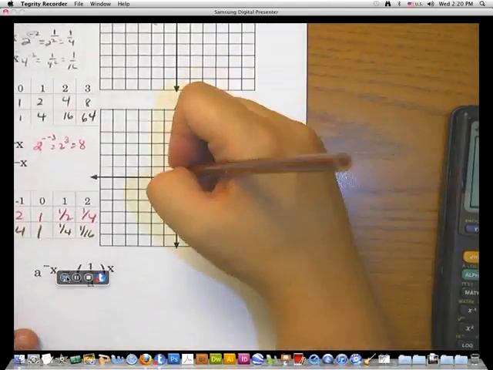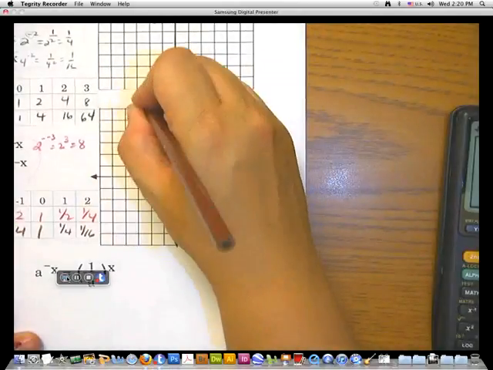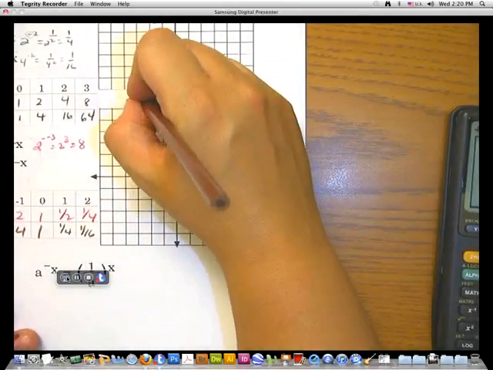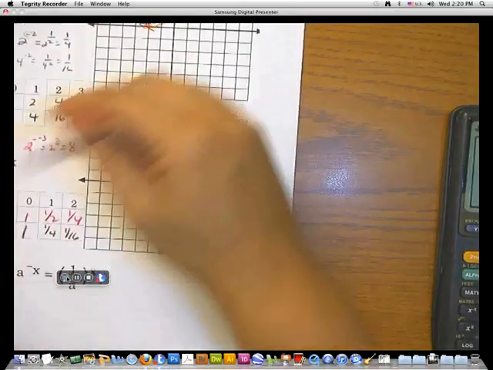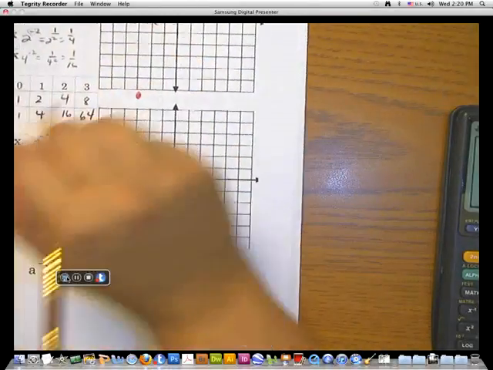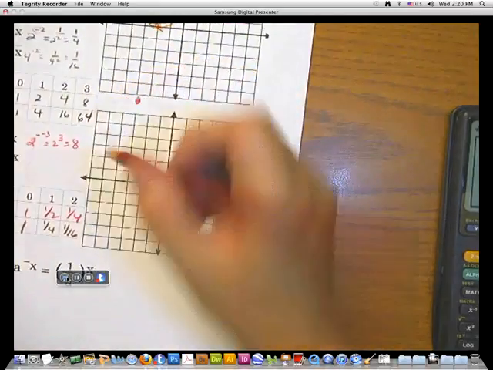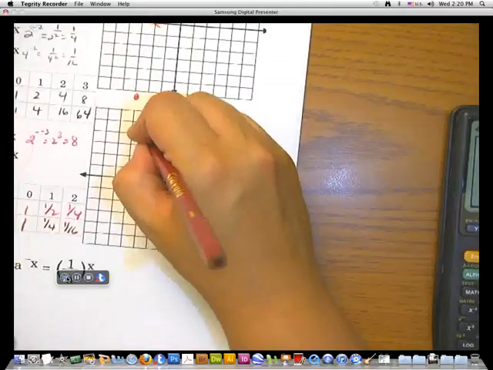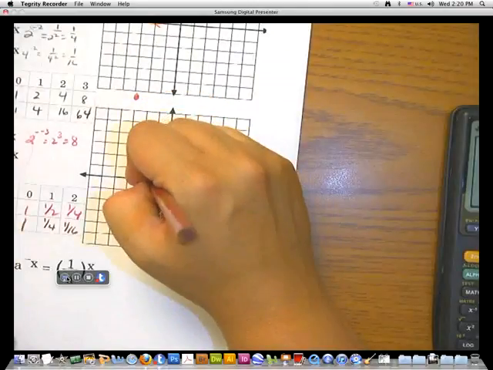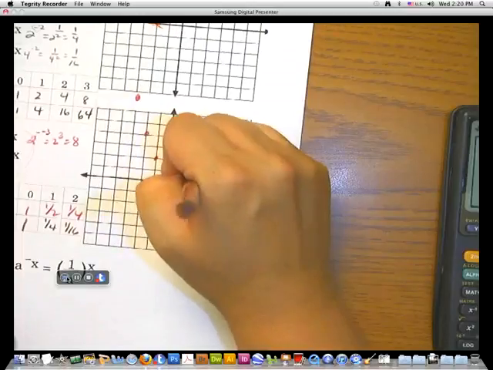All right. When we go to sketch them, we are at 8. The other one's at, let's go, -2 is 4, -1 is 2, 0, 1, 1/2.